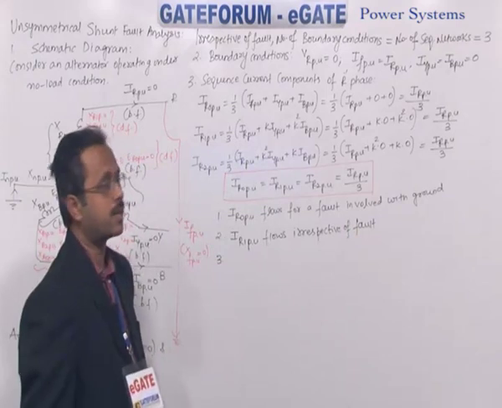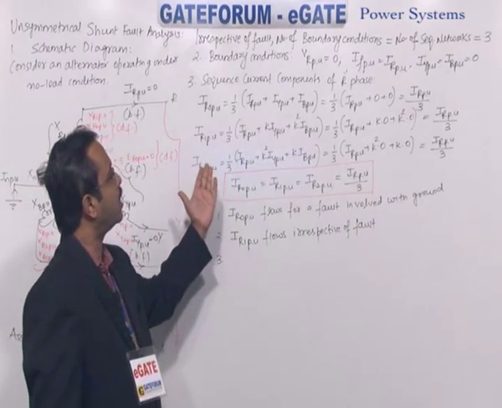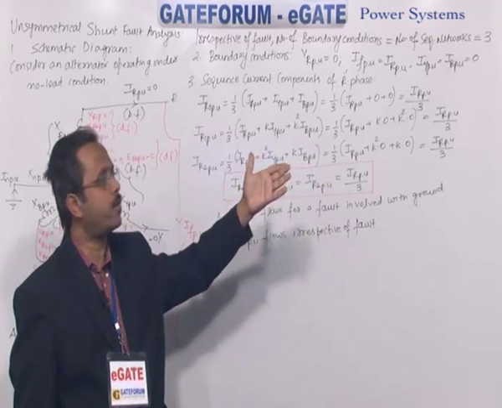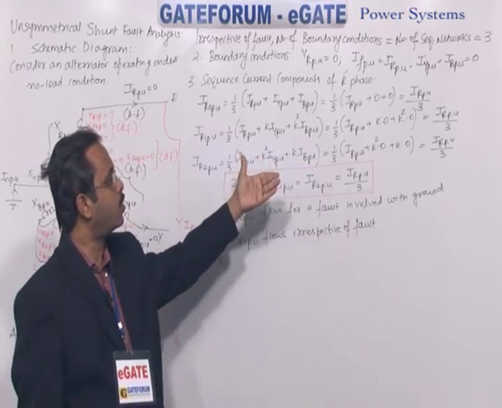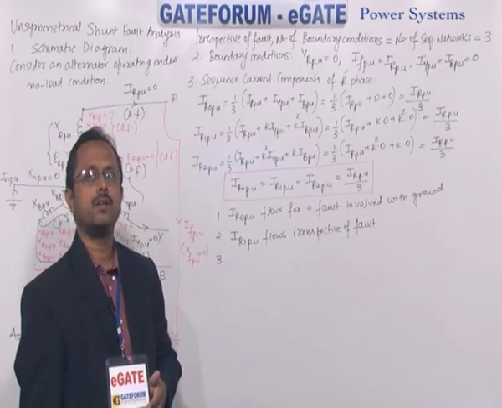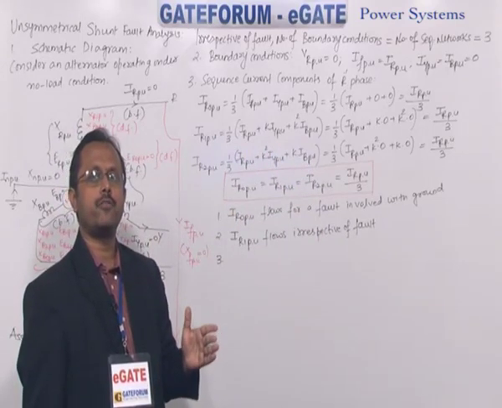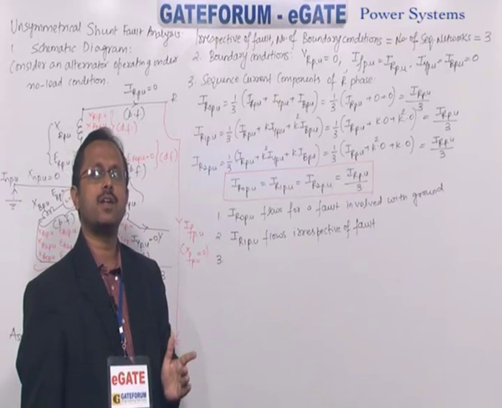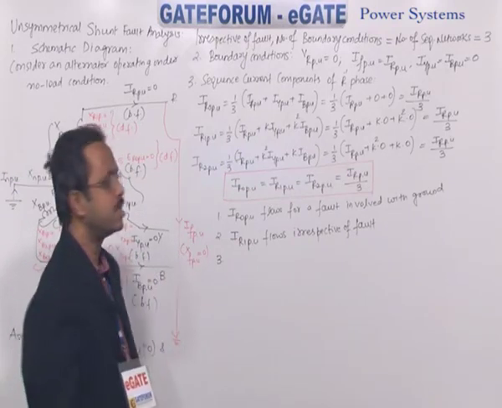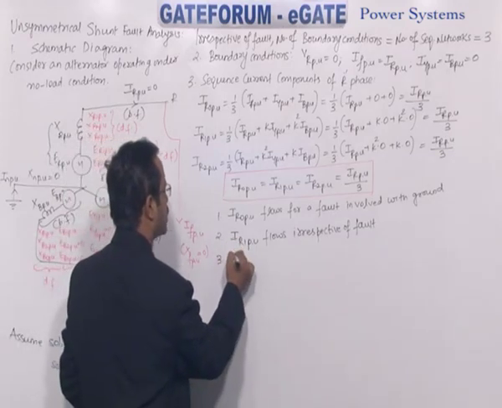How to justify that IR2 per unit is not equal to 0, or how do you justify that IR2 per unit flows? IR2 per unit flows for unsymmetrical faults.